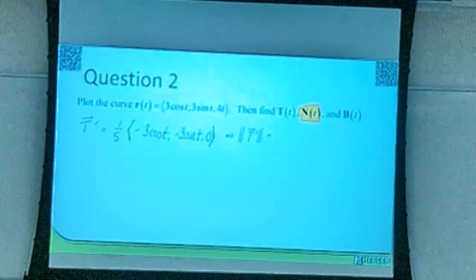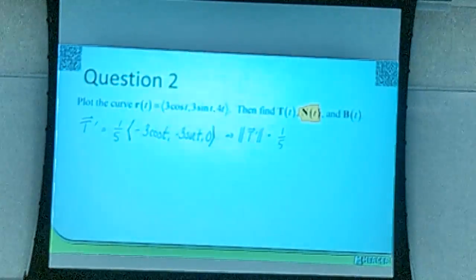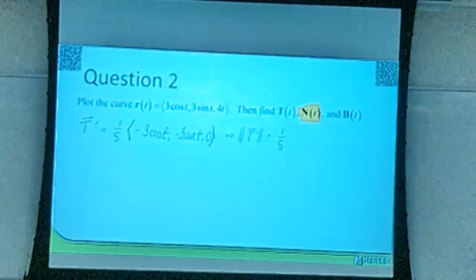You need its magnitude. Absolute value of a fifth times the magnitude of the vector. What's the magnitude?